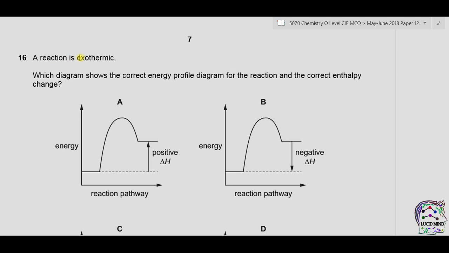Question 16. A reaction is exothermic. Which diagram shows the correct energy profile diagram for the reaction and correct enthalpy change? In exothermic reaction, heat is released into surroundings.